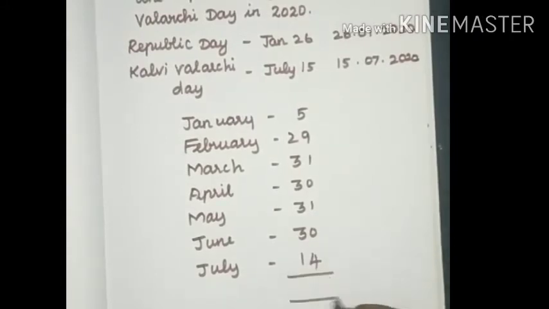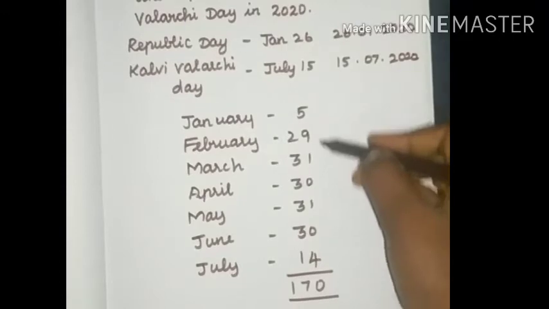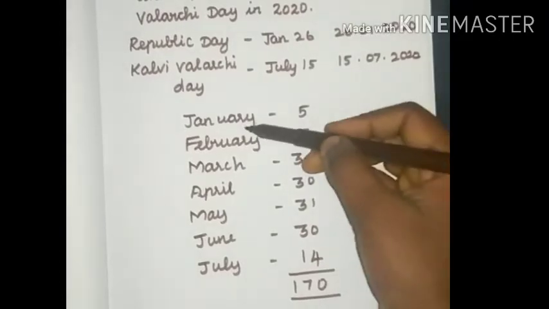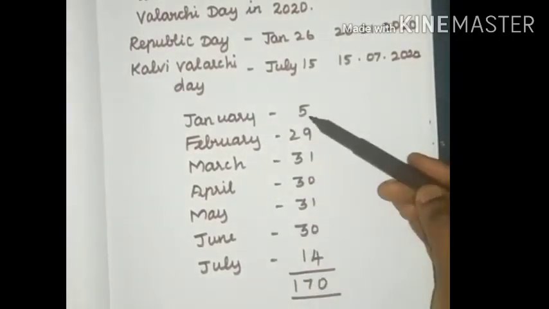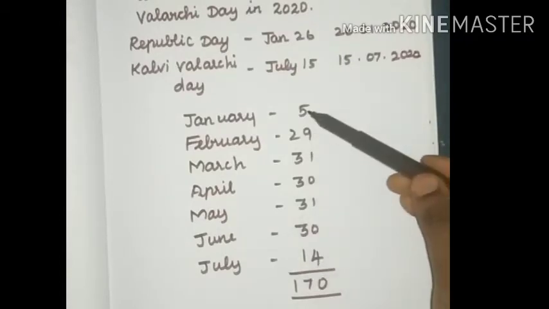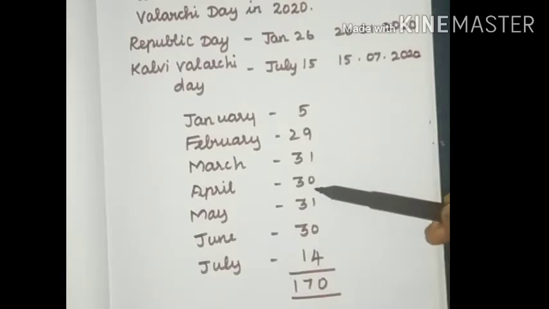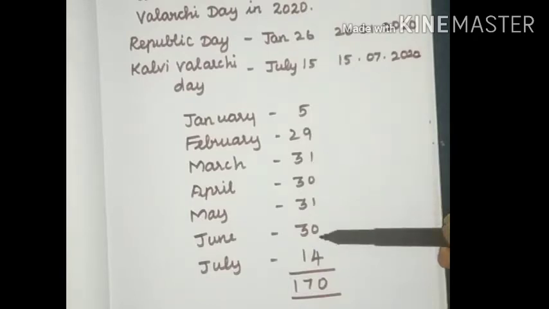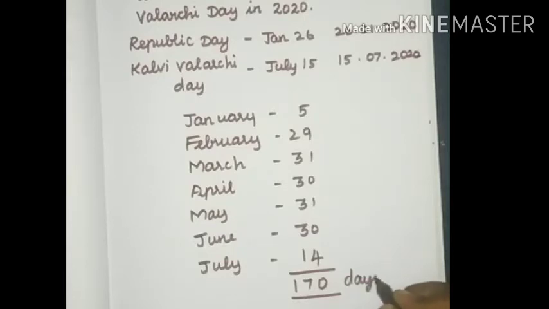Now let's find the total number of days. The total number of days is what? Yes, 170. You have to add all the number of days from January to July. In the month of January we have 5 days, in the month of July we have 14 days. So 5 plus 29 plus 31 plus 30 plus 31 plus 30 plus 14 equal to 170 days.